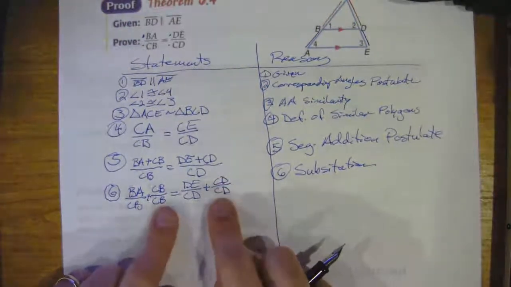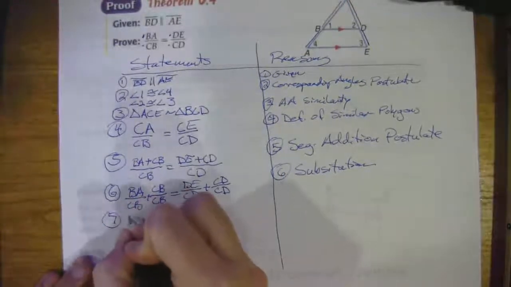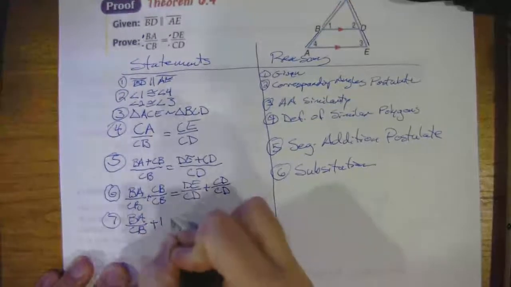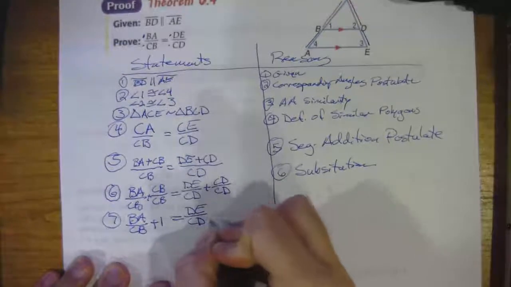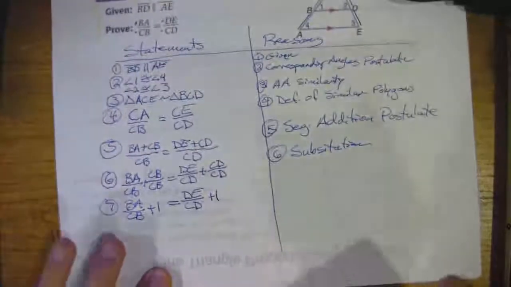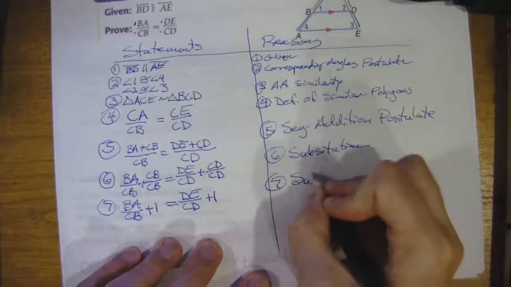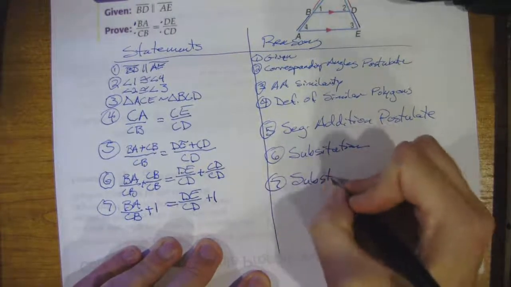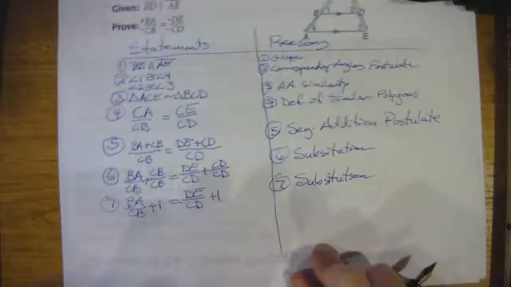Well, that's a fancy way of talking about the number 1. So let's do that. BA over CB plus 1 is equal to DE over CD plus 1. That's another fun substitution step. Substitution. There we go. I can spell.